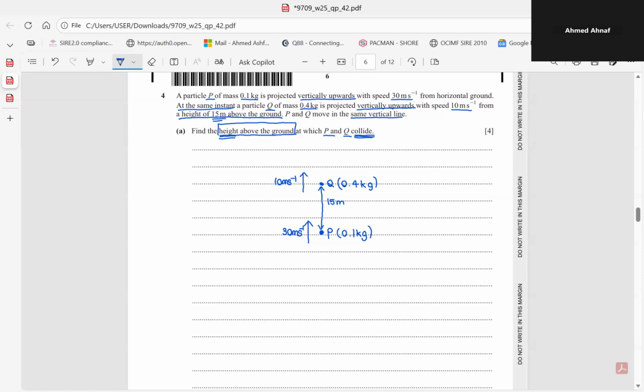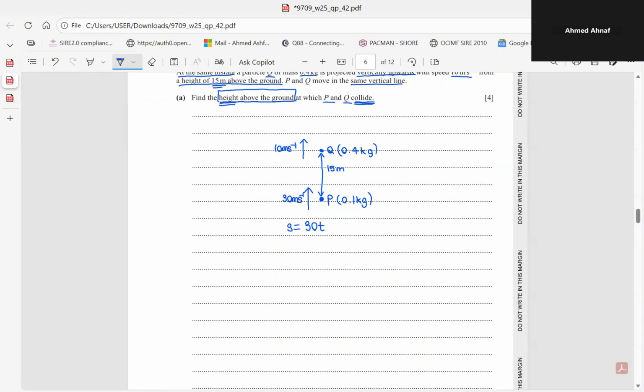The acceleration is both negative g, right? So let's use the SUVAT equation. For S, let's do P first. So it's 30t plus half at squared, so plus half negative g, which is negative 10, t squared.